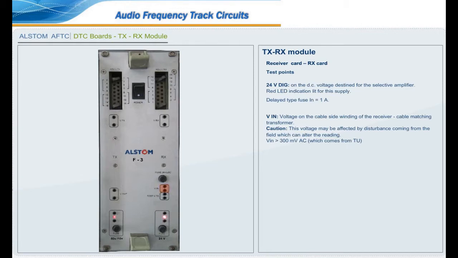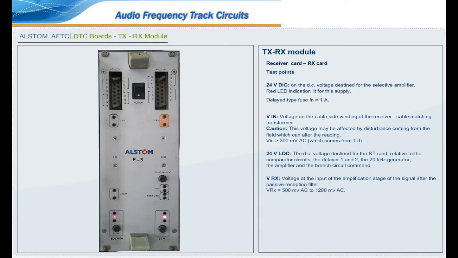VIN greater than 300 mV AC, which comes from TU. 24 volt LOC: the DC voltage destined for the RT card relative to the comparator circuits, the delay 1 and 2, the 20 kHz generator, the amplifier and the branch circuit command.